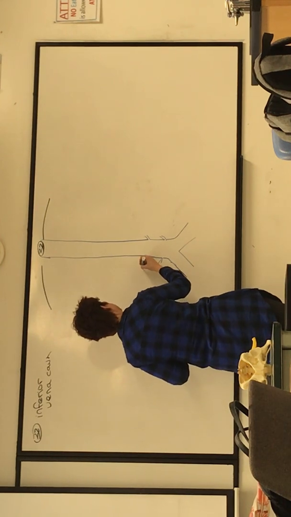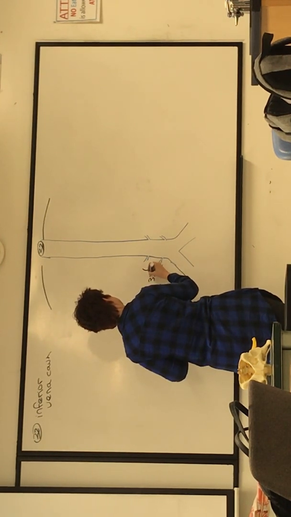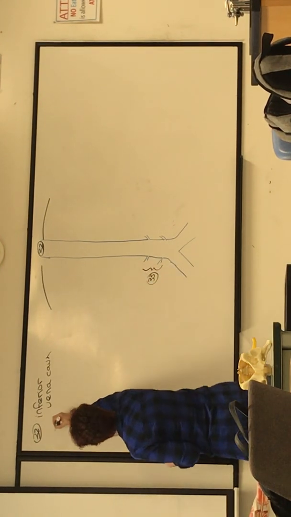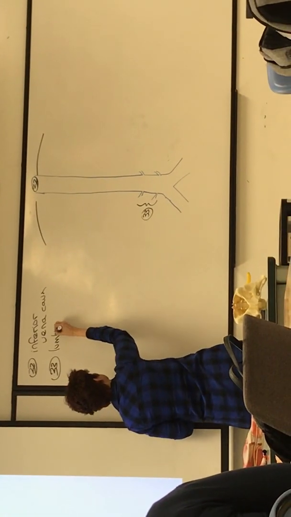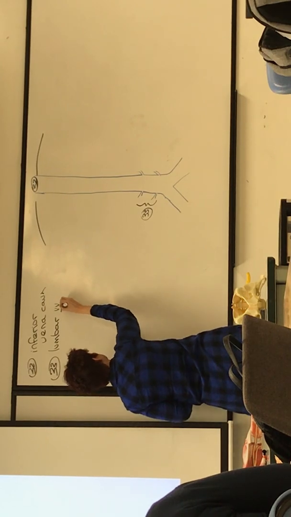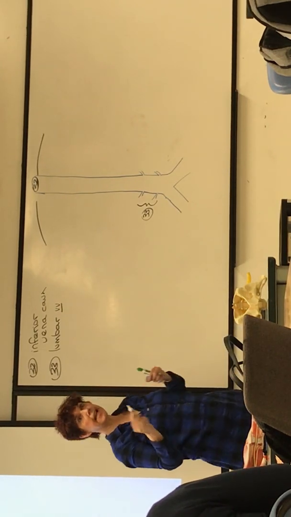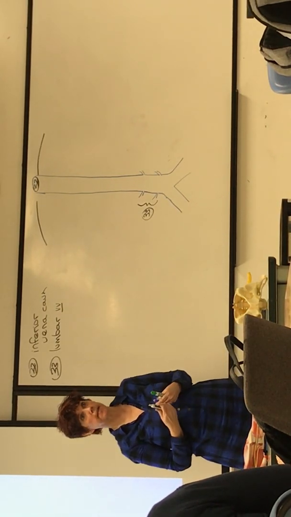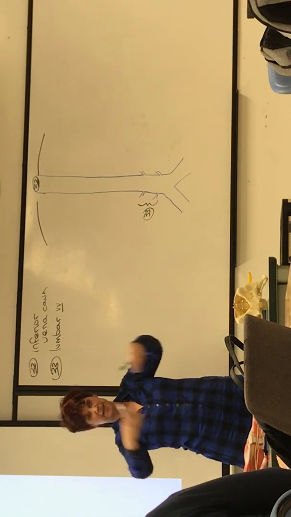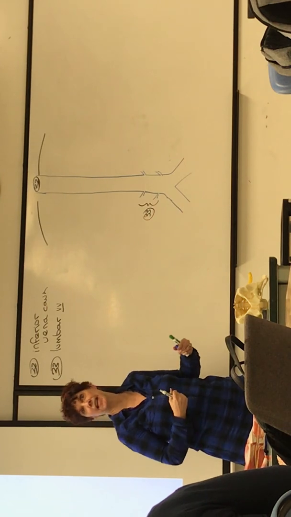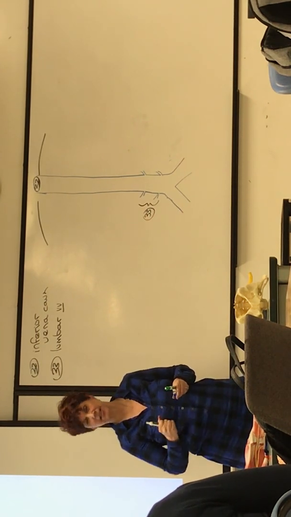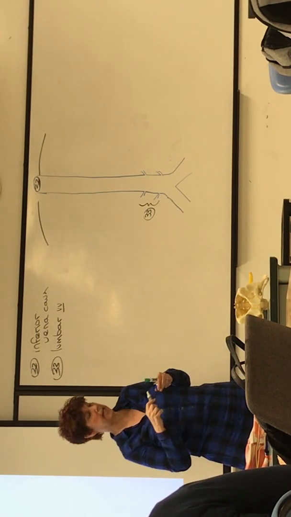So 33 will be lumbar veins. And then the next one should be that inferior mesenteric vein, if we're going in sequence from what we saw descending on the aorta. But inferior mesenteric vein does not drain into the inferior vena cava. It's going to be part of our portal system, all right?